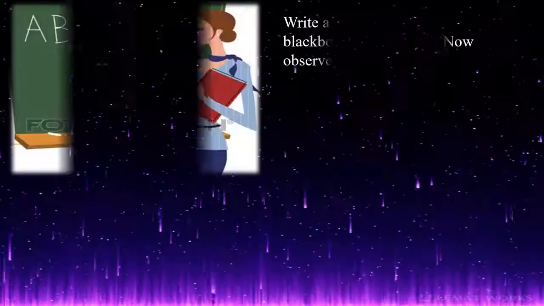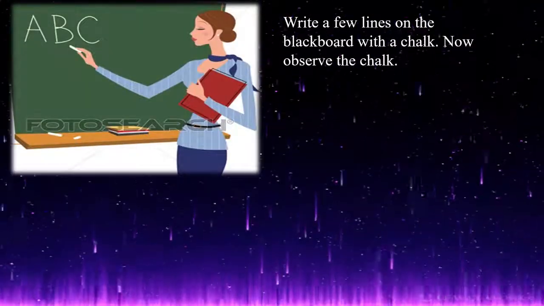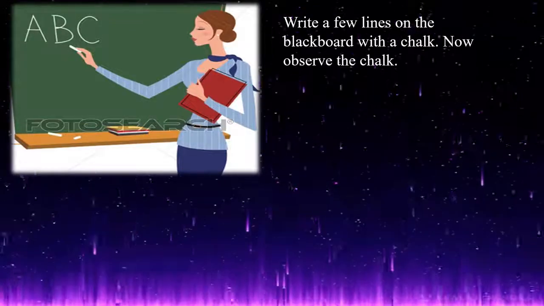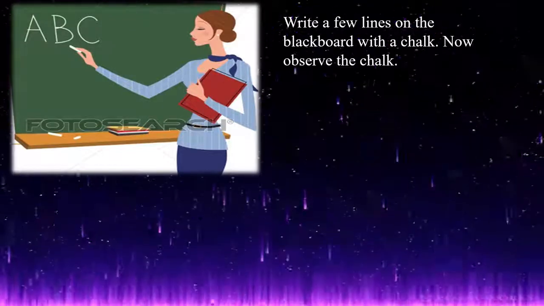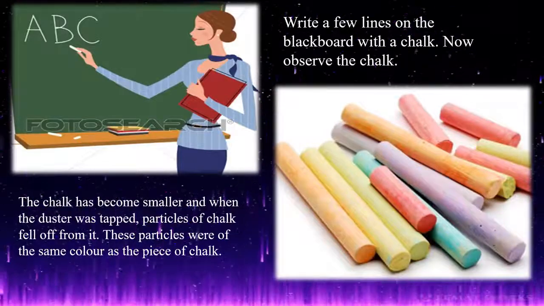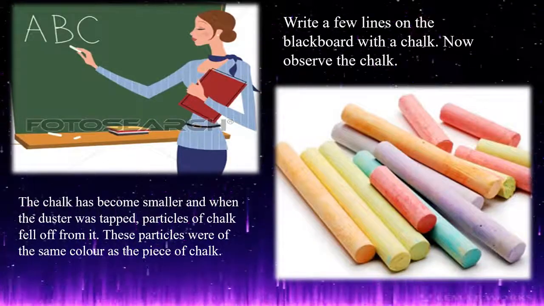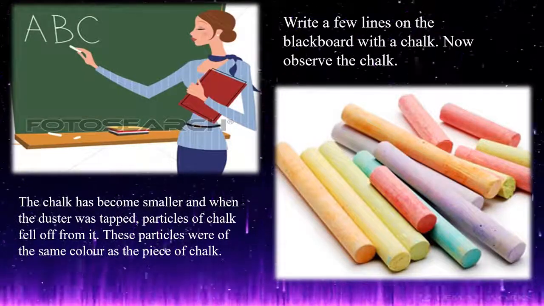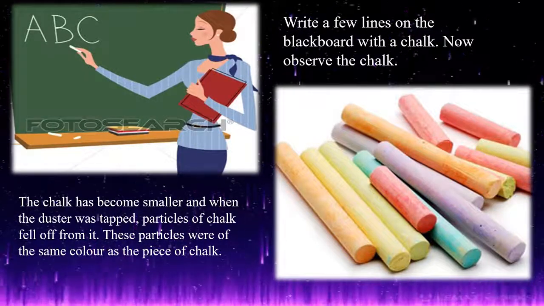Today we'll start with a very simple activity. You are supposed to write a few lines on the blackboard with the chalk. Now if you observe the chalk, you will find that it has become smaller in size. When the duster was tapped, particles of chalk fell off from it. These particles were of the same color as the pieces of the chalk.